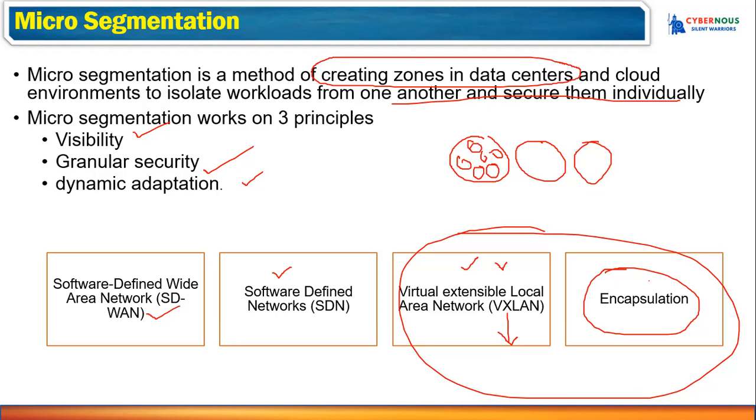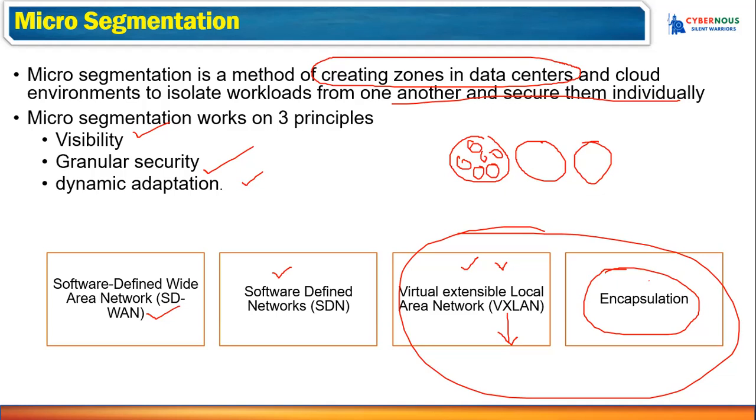So you group a particular location, based on your physical location, you restrict people to that particular location, so that somebody from this location is not going to infect somebody who is in another location. So that is what micro segmentation is.